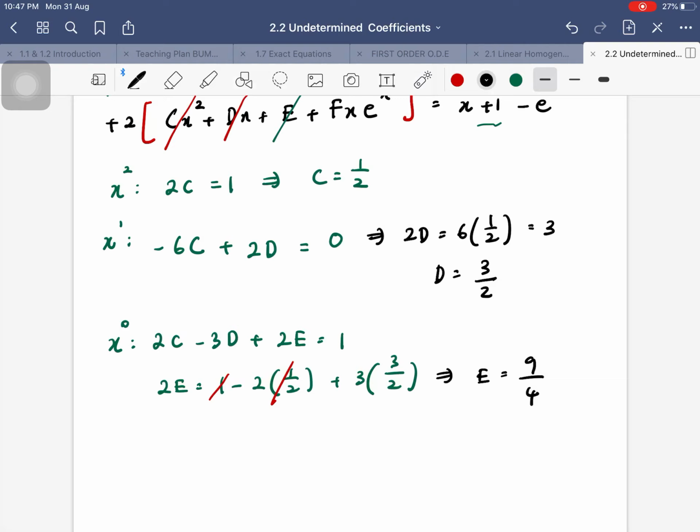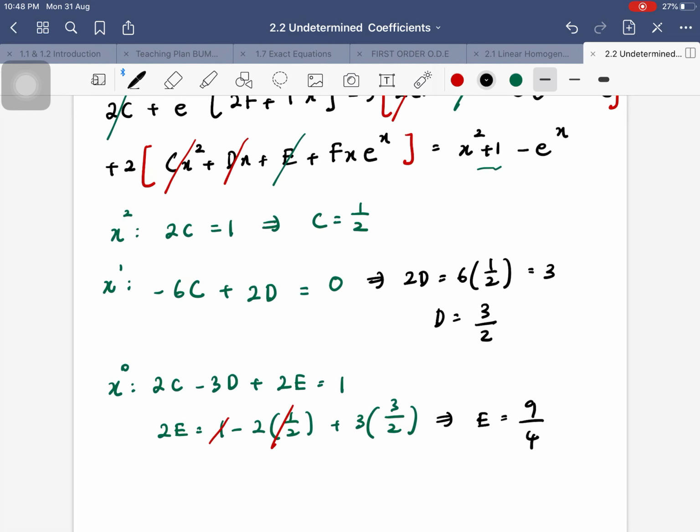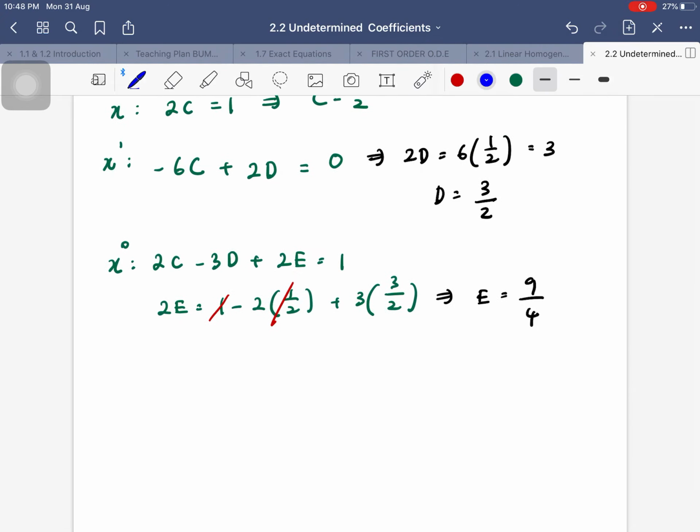All right, so now that I already have the values of c, d, and e, I'm going to proceed with one more, which is exponential of x. And remember, I did mention this to you before, that this is going to be the stage of the calculation where you have the case of linearly dependent, whether your calculation is right or wrong.